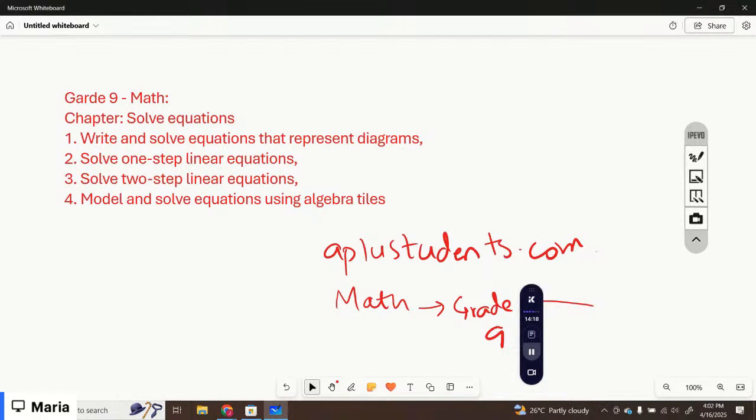The lessons we're going to cover today are write and solve equations that represent diagrams, solve one-step linear equations, solve two-step linear equations, model and solve equations using algebra tiles.